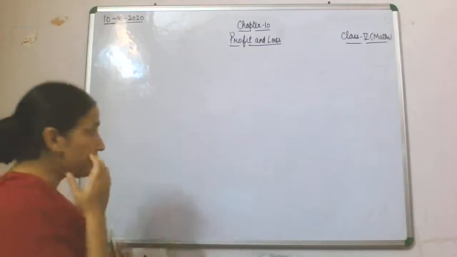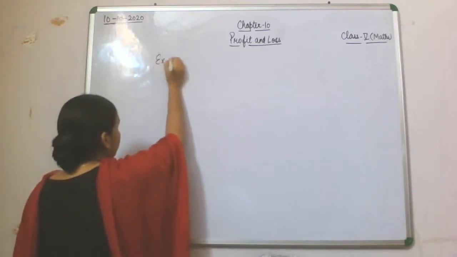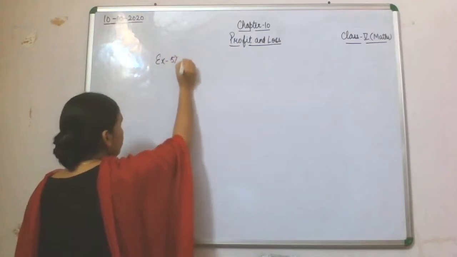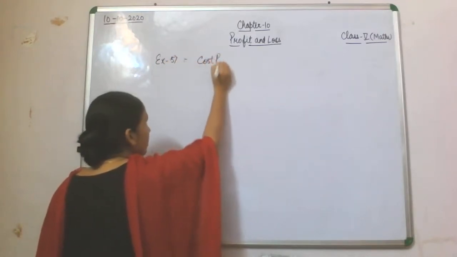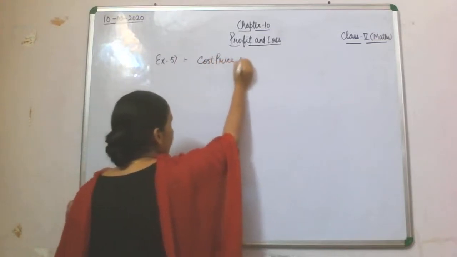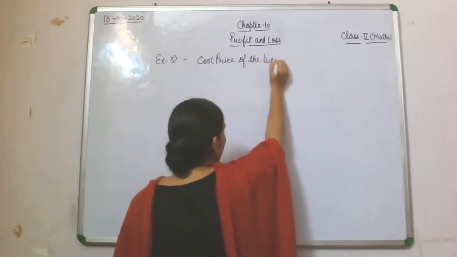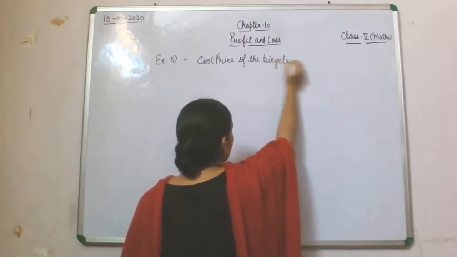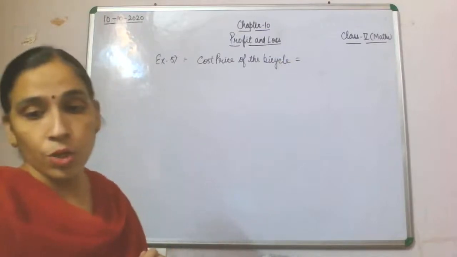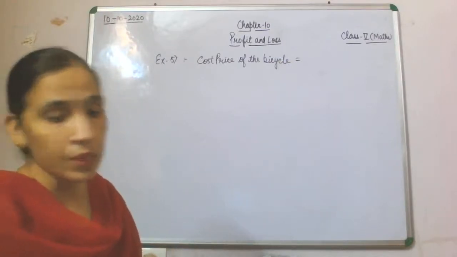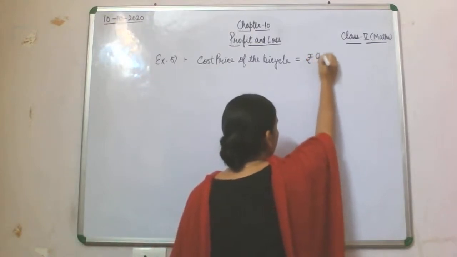So here the cost price of the bicycle is given to you. Cost price of the bicycle is rupees 9,560.